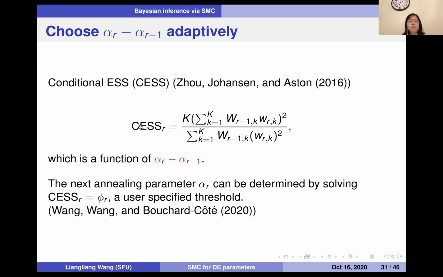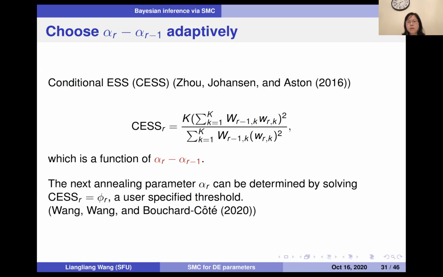The criterion that we are going to use to choose the annealing parameters adaptively is the conditional effective sample size proposed by Adam and the co-authors. This is the formula for the conditional effective sample size.